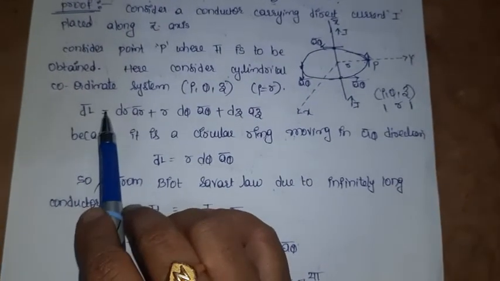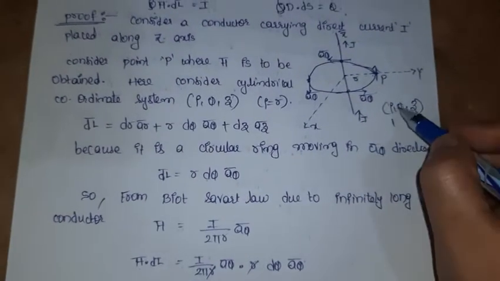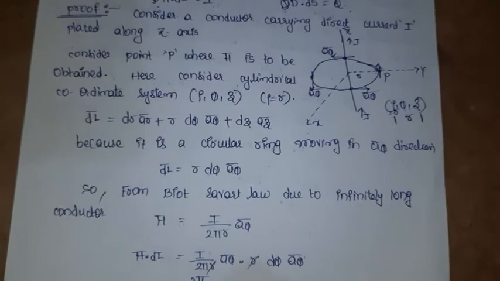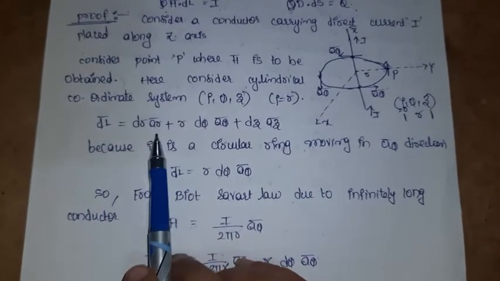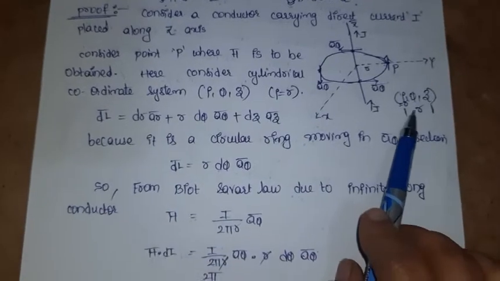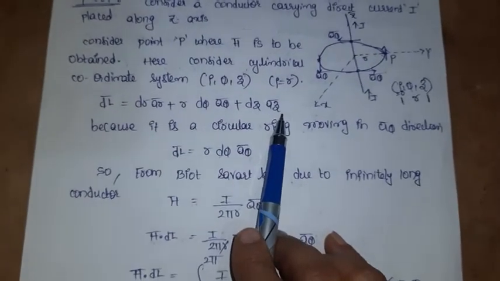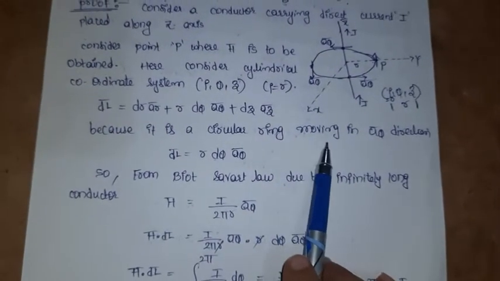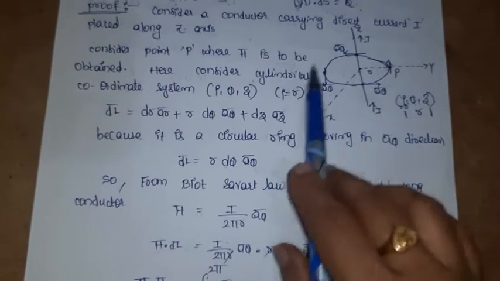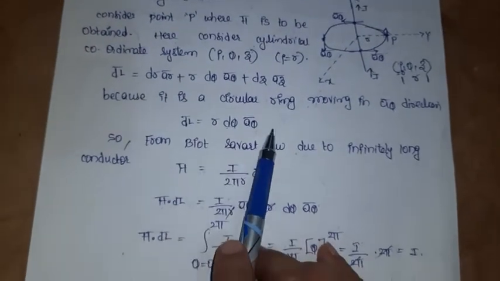So the differential length is dl equals d rho a rho plus r d phi a phi plus dz az, because here rho is equal to r, the radius. Because the circular ring is moving in the phi direction, we consider dl as r d phi a phi.